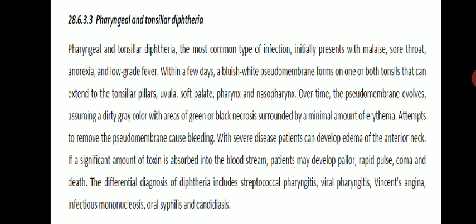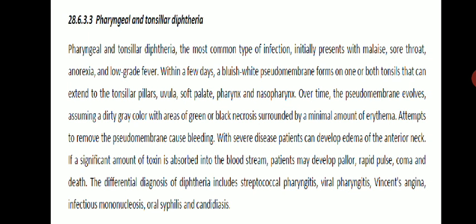Within a few days, a bluish-white pseudomembrane forms on one or both tonsils that can extend to the tonsillar pillars, uvula, soft palate, pharynx, and nasopharynx. Over time, the pseudomembrane assumes a dirty gray color with areas of green or black necrosis surrounded by a minimal amount of erythema. Attempts to remove the pseudomembrane cause bleeding.